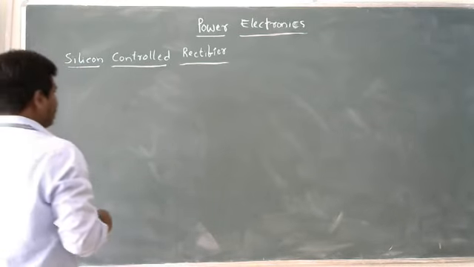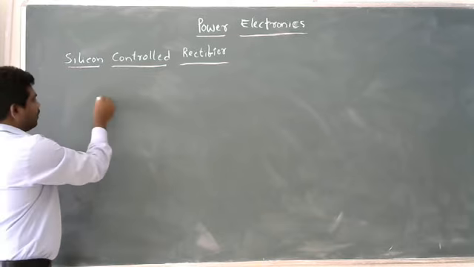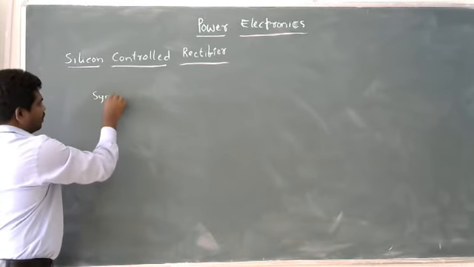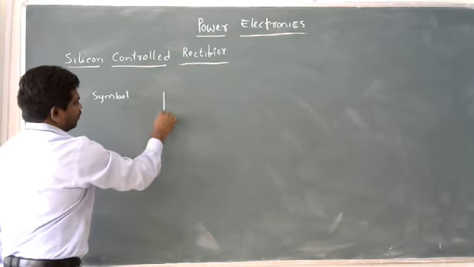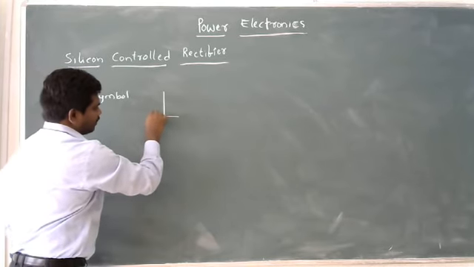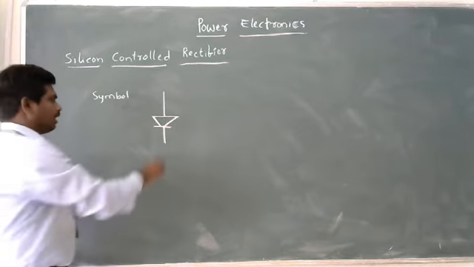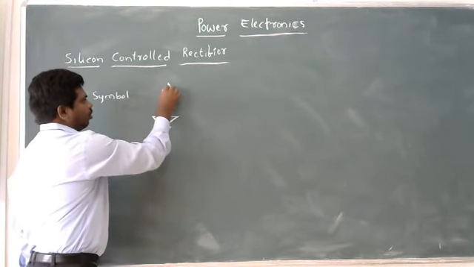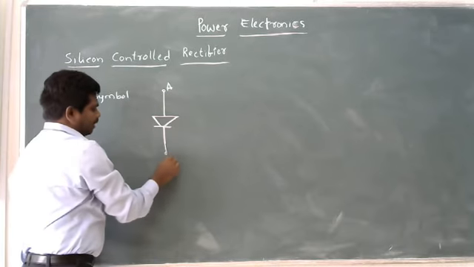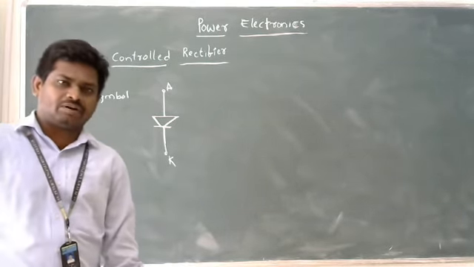So we'll see the symbol of SCR first. The symbol of SCR is the same as the diode. The diode has two terminals, anode and cathode.